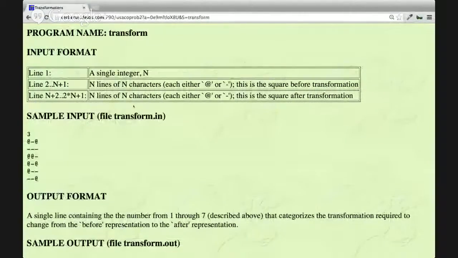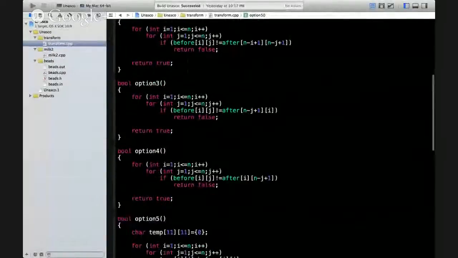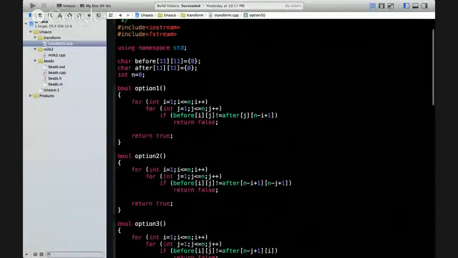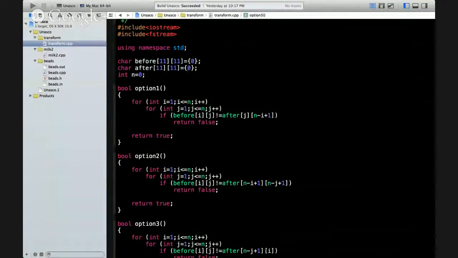Now my solution is rather simple. As we said earlier, section 1.2 is all about brute force.